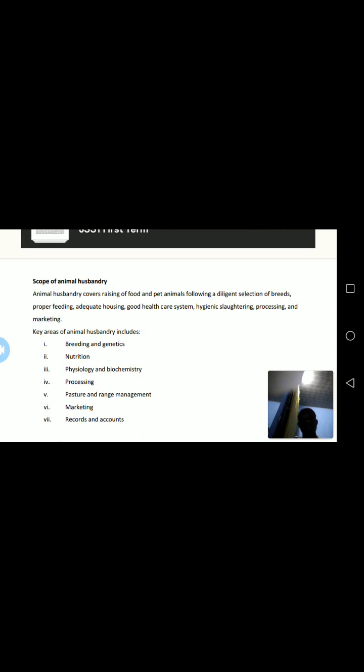Animal husbandry covers the raising of food and pet animals, that means the keeping and rearing of food and pet animals, following a diligent selection of breeds, proper feeding, adequate housing, good healthcare system, hygienic slaughtering, processing, and marketing.